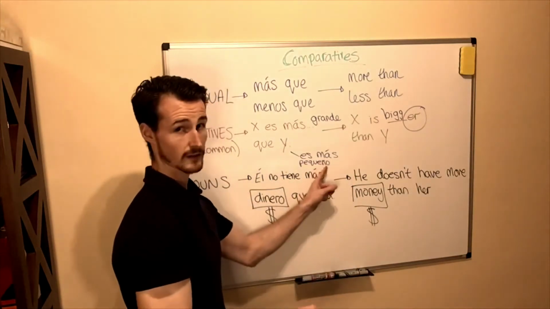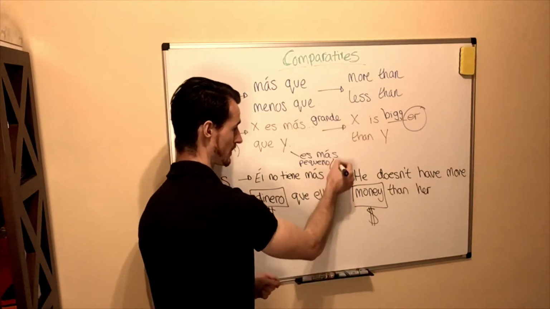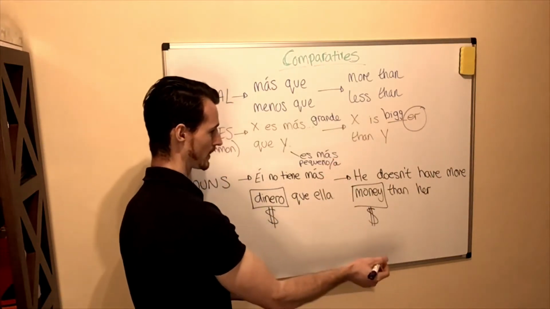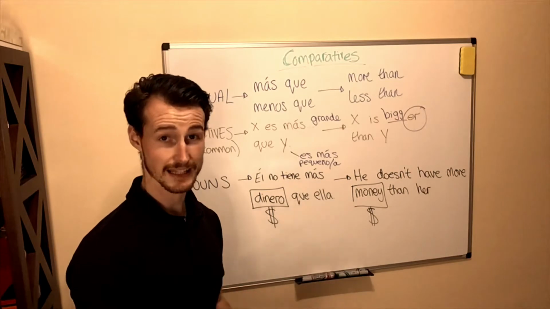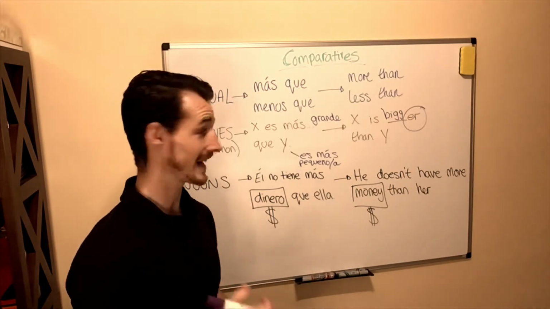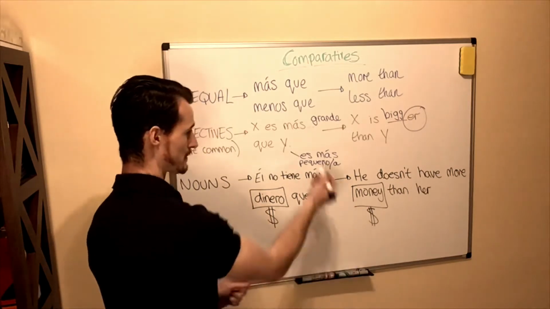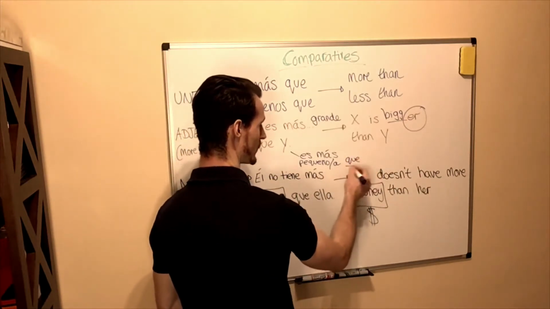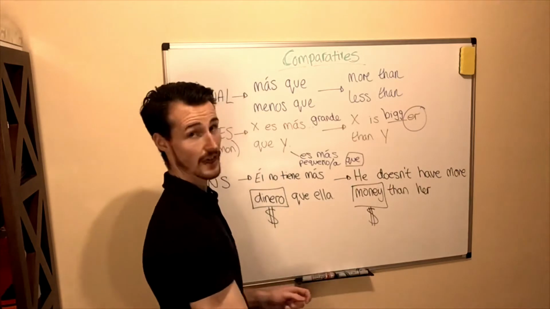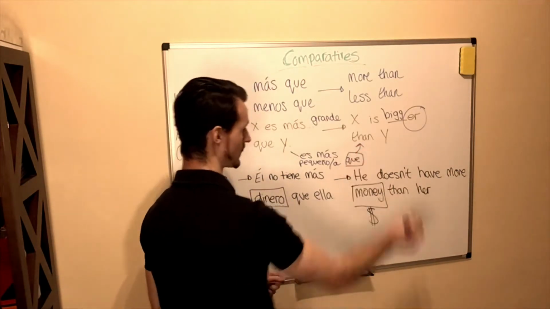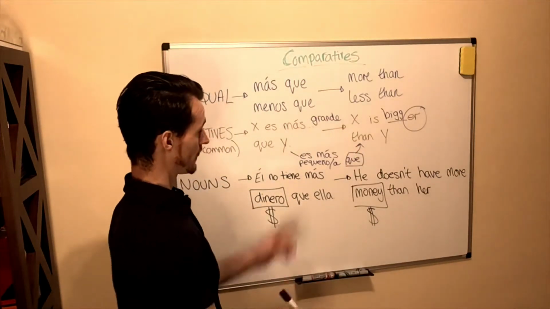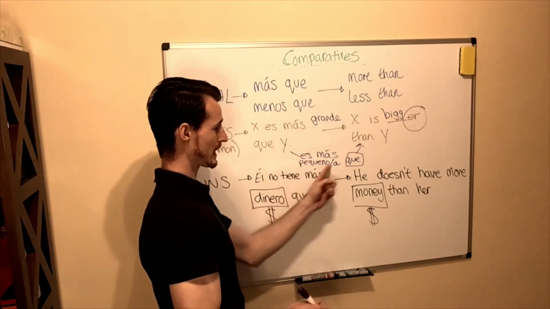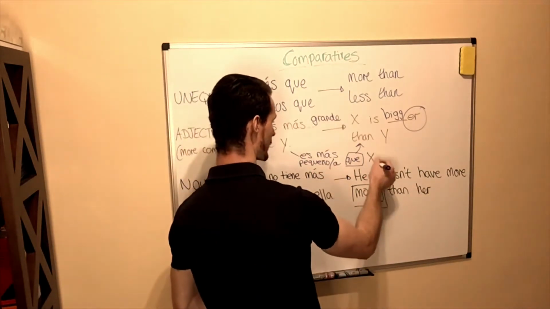If it was feminine, remember we would use the A, so we would use la Y. Es más pequeña. This word here, okay, what do you think this relates to? Than. Correct. It's the same as than. Y es más pequeño que X.